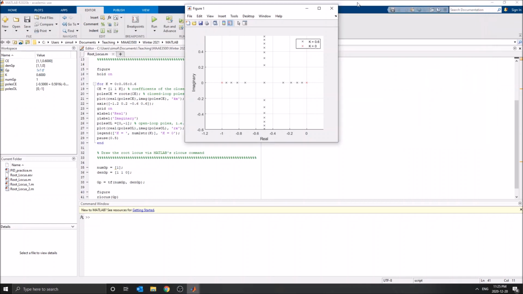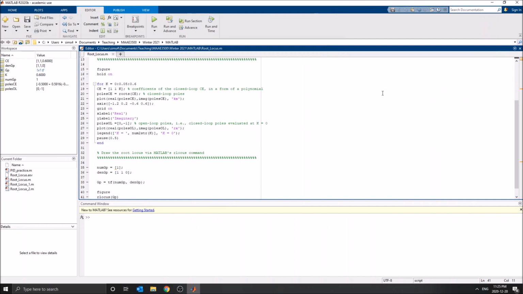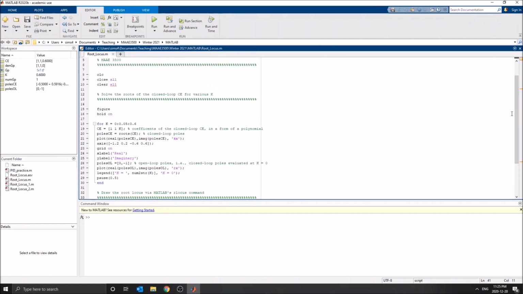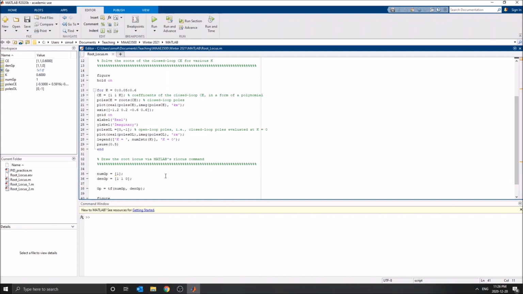All right. So now that we've learned how to use the MATLAB rlocus command, let's go back to the second example that we have looked at in the past lecture to create a root locus manually. And again, we'll compare both methods or approaches, the brute force method and using the command.